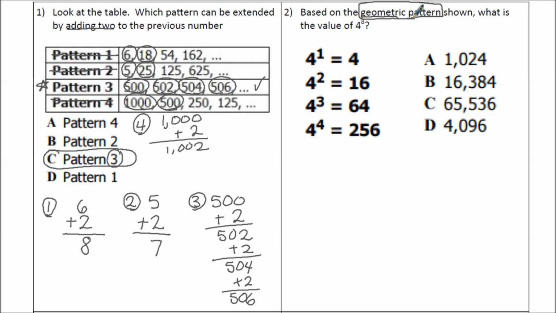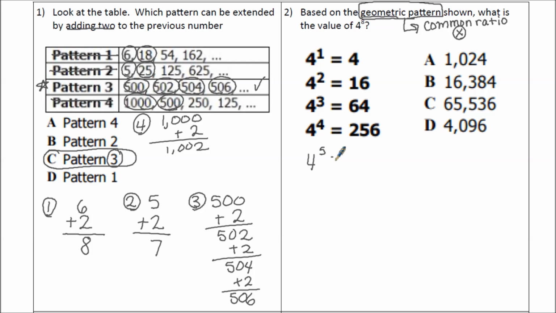Now for number 2, based on the geometric pattern shown, what's the value of 4 to the 8th? And when we are looking at a geometric pattern, we need to remember that it has a common ratio. Common ratios and common differences are really important. So common ratio means that we're multiplying, and we should know that because when we see an exponent, we are repeatedly multiplying.